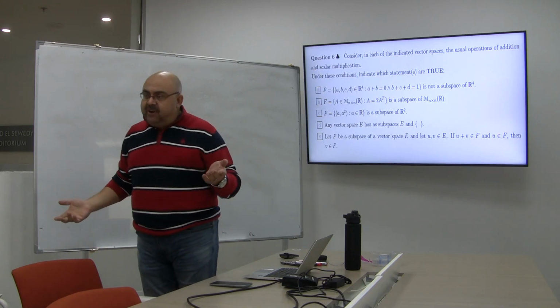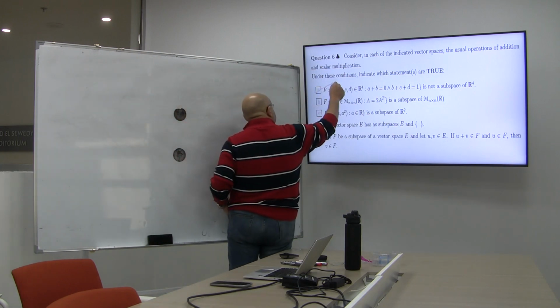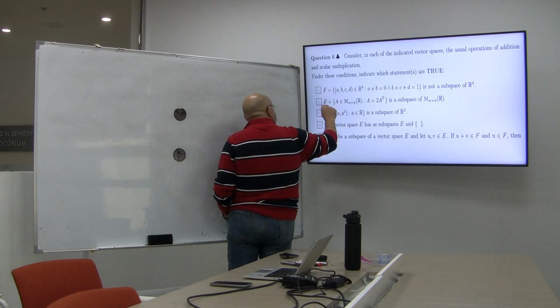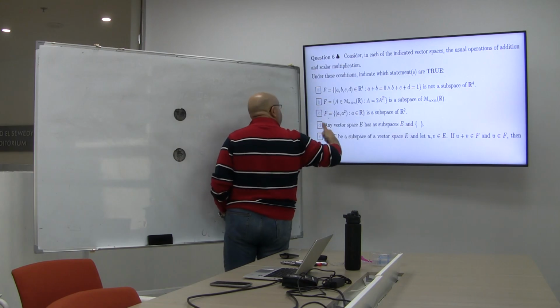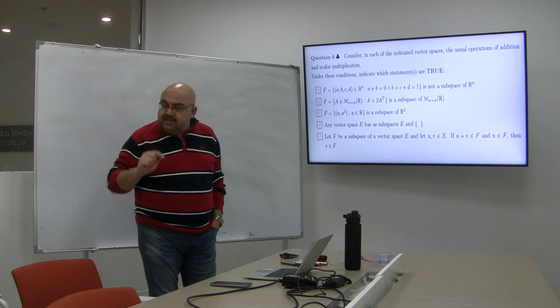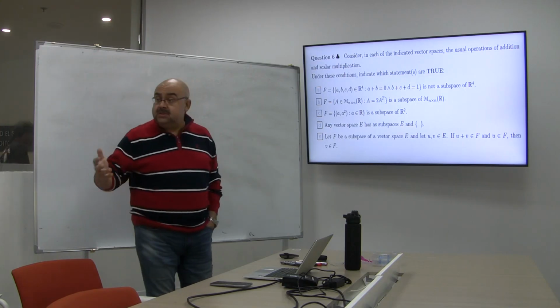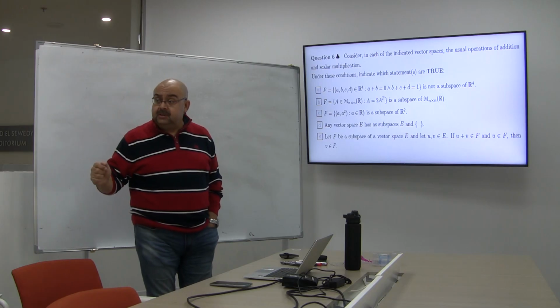So it's going to be a failure. This is a correct statement. This is not a correct statement. For the origin, it will be okay. But for the addition closure, it's not going to be okay. Because you understand it, okay? Do you want me to write it down for you? You can write it down.